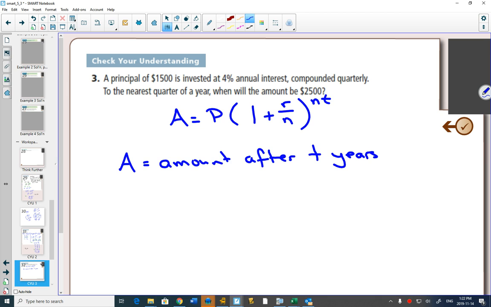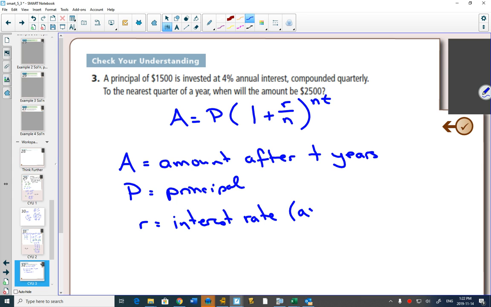So you would say A is the amount after t years, P is the principal, R is the interest rate, and they would put in brackets that it's the interest rate as a decimal, not a percentage.